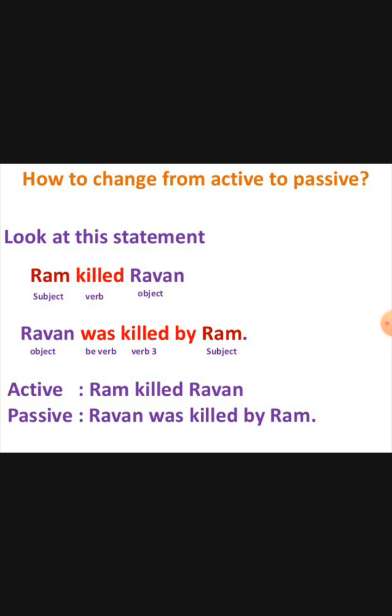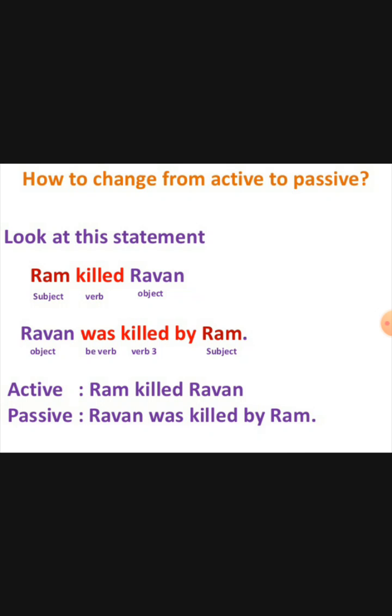Now see that example. Look now properly at this statement. Ram killed Ravan. This is in past tense. So now see, Ram is subject, killed is the verb, and Ravan is object. So now what will happen? This object will come first and it will become now subject. Now was. Why are we using was here?